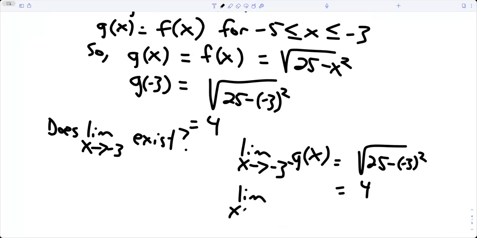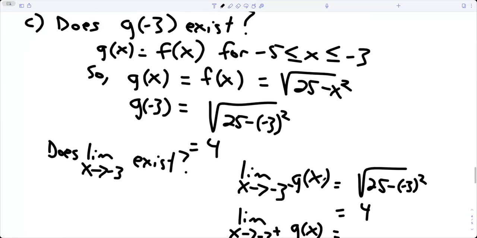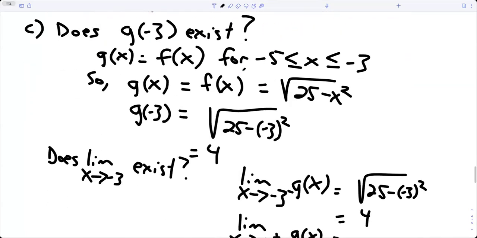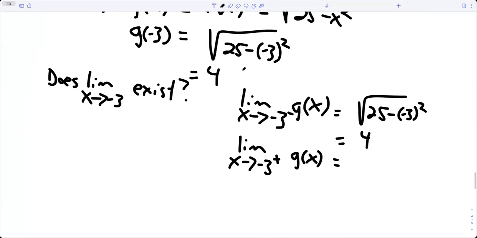The limit as x approaches -3 from the positive side. How do I find that? Well, I'm going to look on the positive side. I'm going to plug in -3 for x. And when I plug that in, I get -3 plus 7, which equals 4.